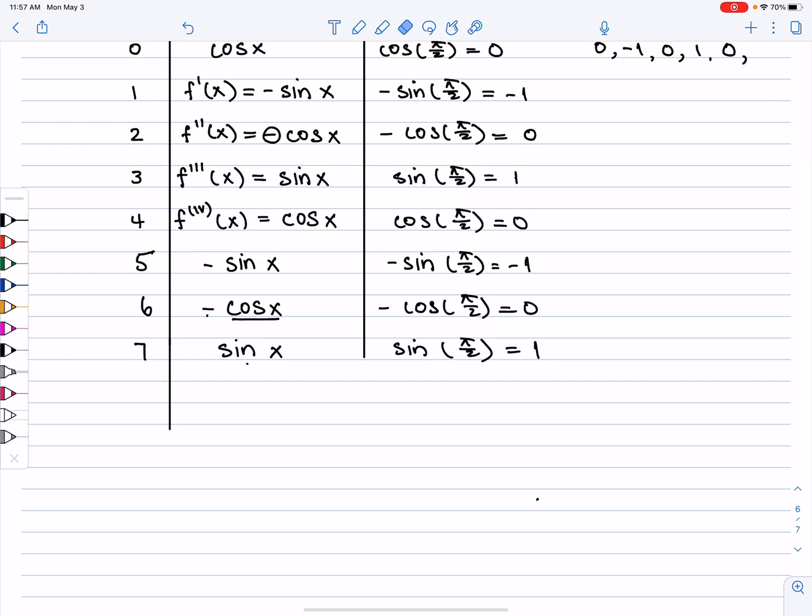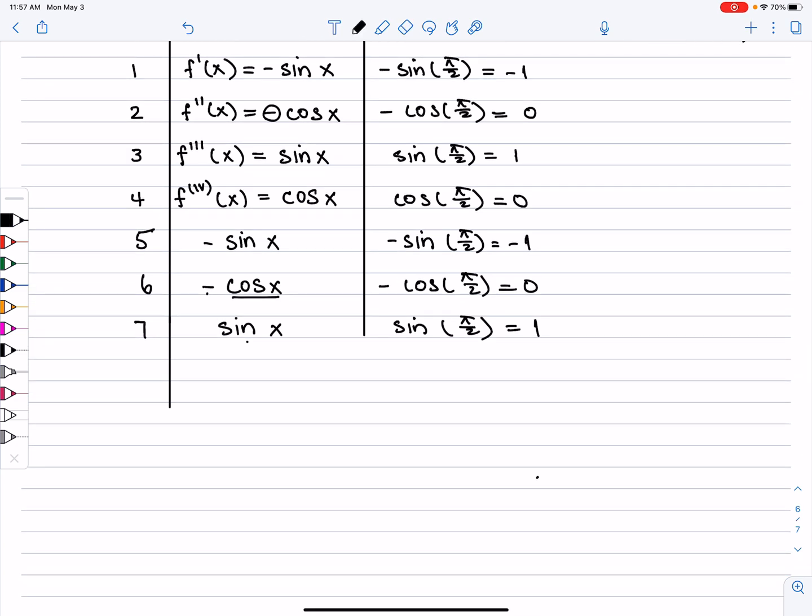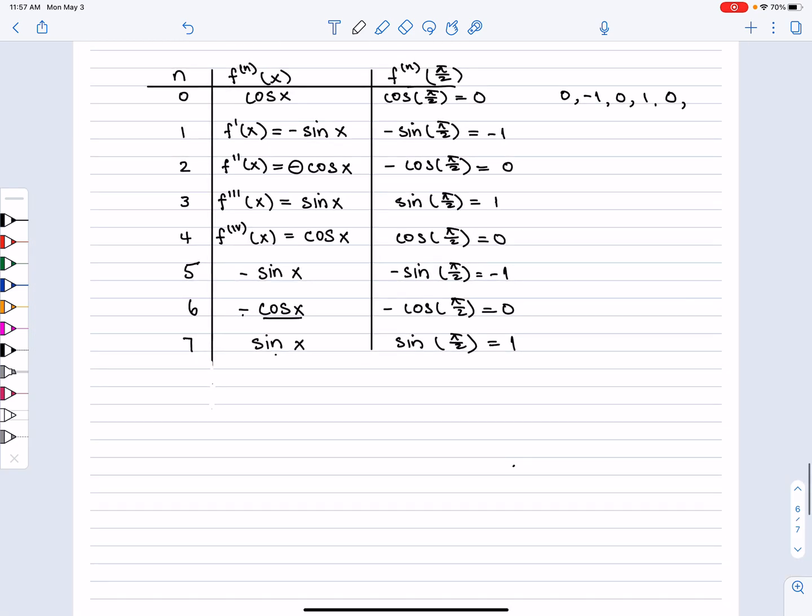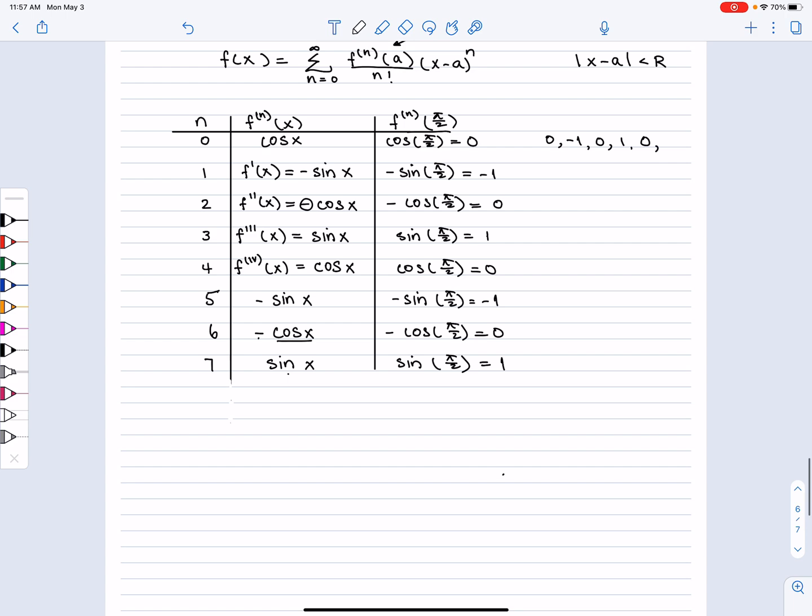If we go back and write this down, we can say the following. We can say that f of x is going to be equal to, I'm going to expand our Taylor series.